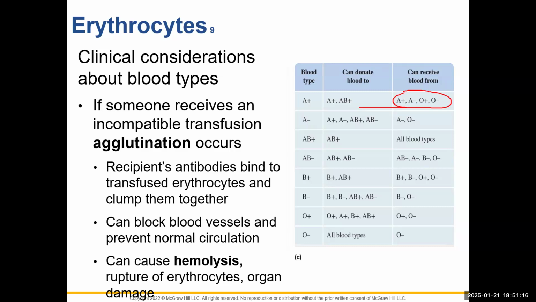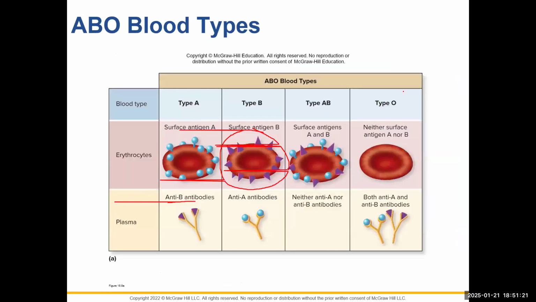And notice what else isn't on there. AB. Why? AB carries surface antigen B. While my antibodies won't react to surface antigen A, they certainly will react to the surface antigen B. So I do not want to get that blood because my own antibodies will interact with that.